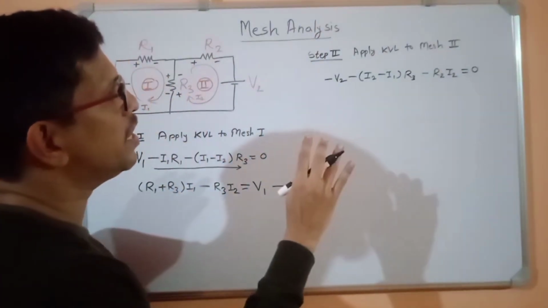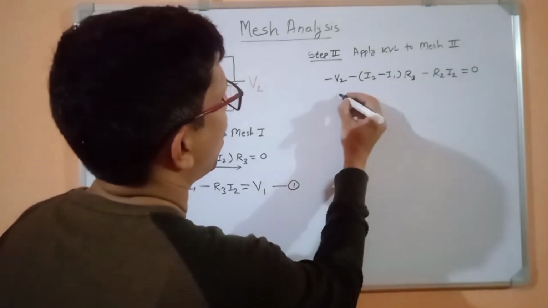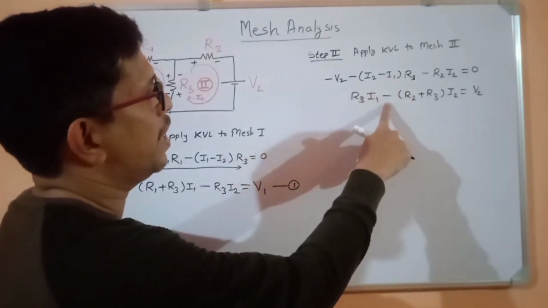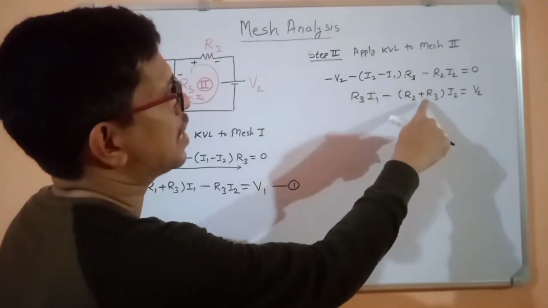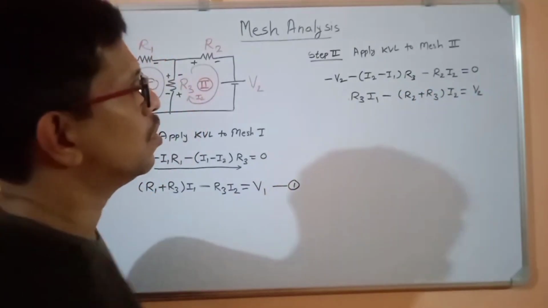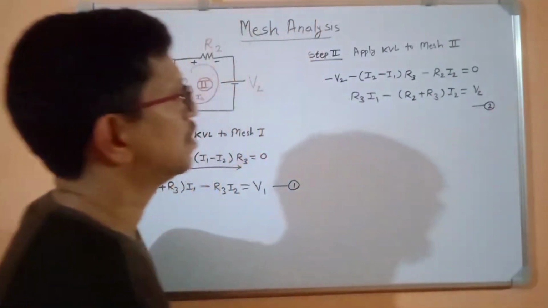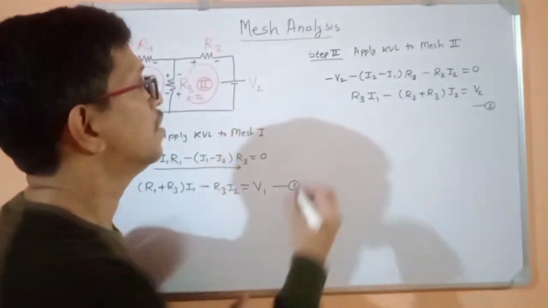Again we will rearrange these terms such that we get: R3 into I1 minus (R2 plus R3) into I2 is equal to V2. This will become my second equation. In step 3, what we have to do?